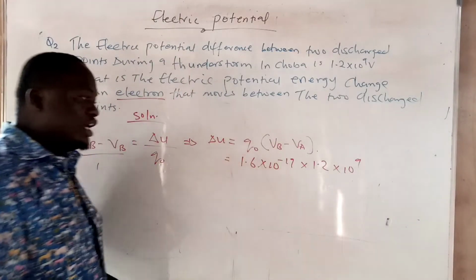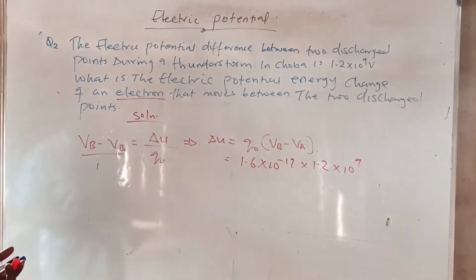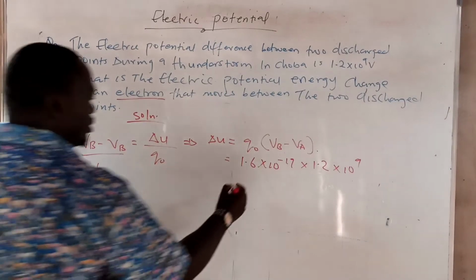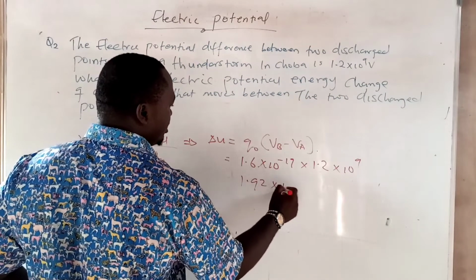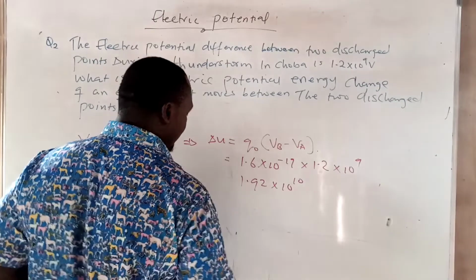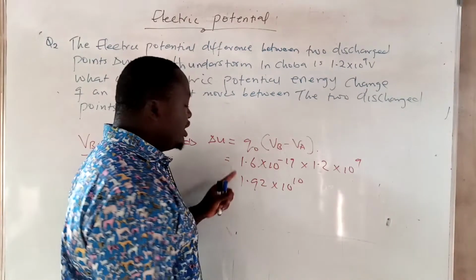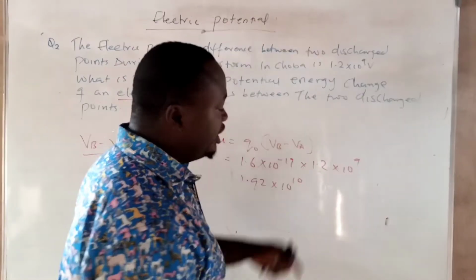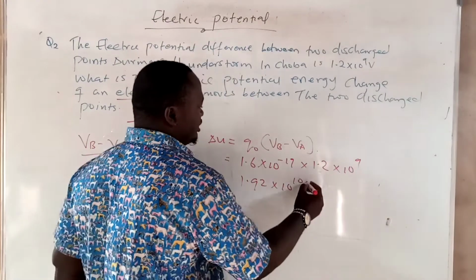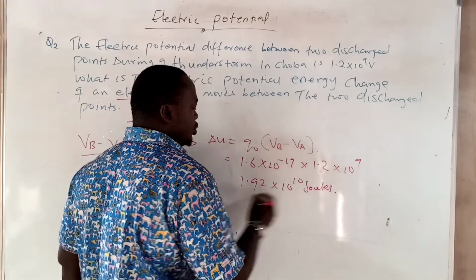Remember, the charge of an electron is a constant. This will give you 1.29 times 10 raised to the power of 10. What is the SI unit? This is a change in energy, so the SI unit is joules.